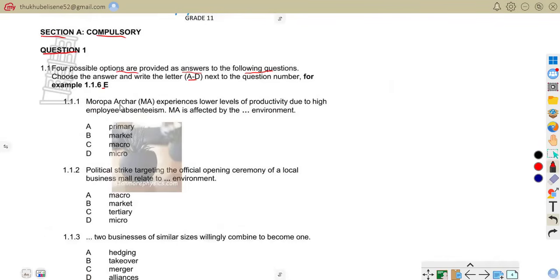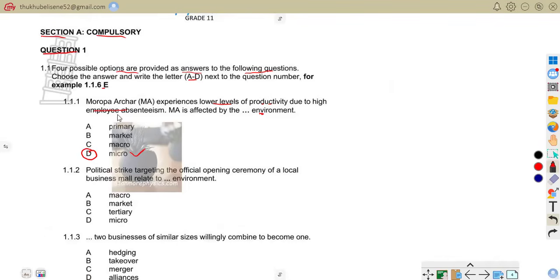1.1.1, Maropa Archer MA experiences lower levels of productivity due to high employee absenteeism. So MA, Maropa Archer, is affected by dash environment. We are given 4 possible answers, and then we have to look for the correct answer. You can see the correct answer there is D, micro environment.